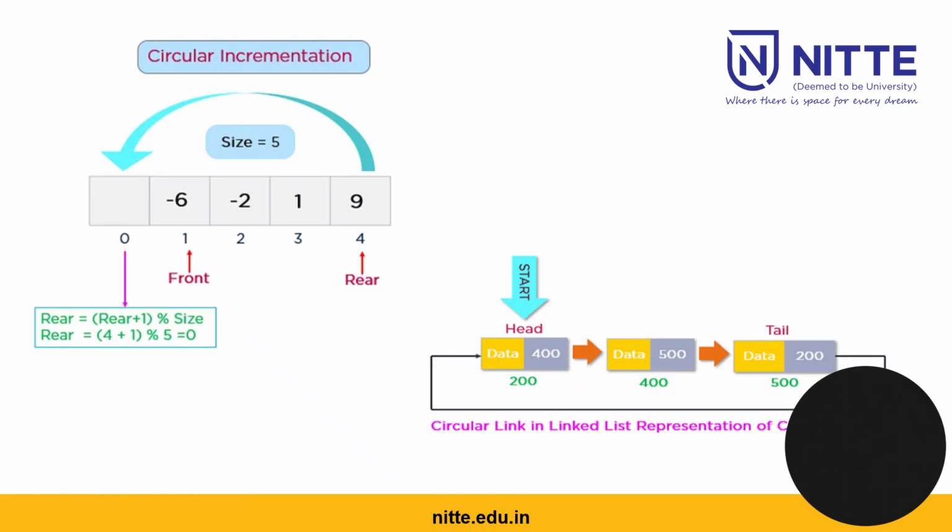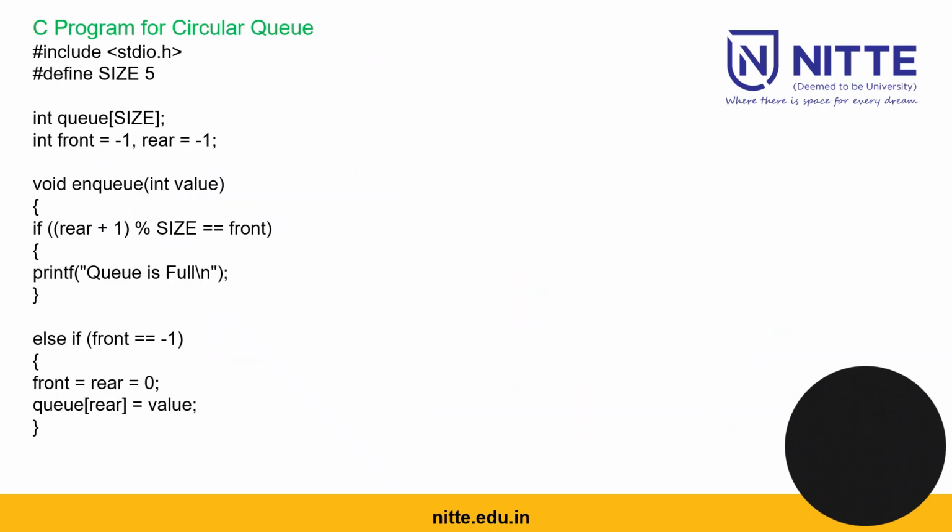Then the data and address of the next node. So the next node is what here? 200. So I will connect this to 200, because here 200 is there. So I will connect it back to the head of the node. This is how we can create a circular link in a linked list representation of a circular queue.